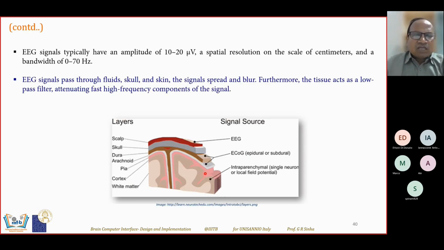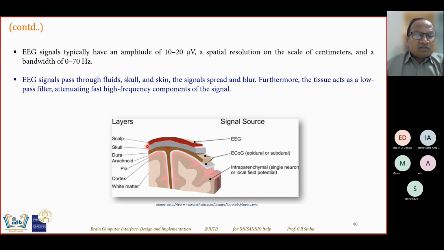So this is another representation, like EEG. You see how much depth actually, which area exactly, where you insert. It is a little more description, further description of what was highlighted in the previous slide. EEG is here on the scalp, and where is ECoG actually? You look at here, this area is the skull.